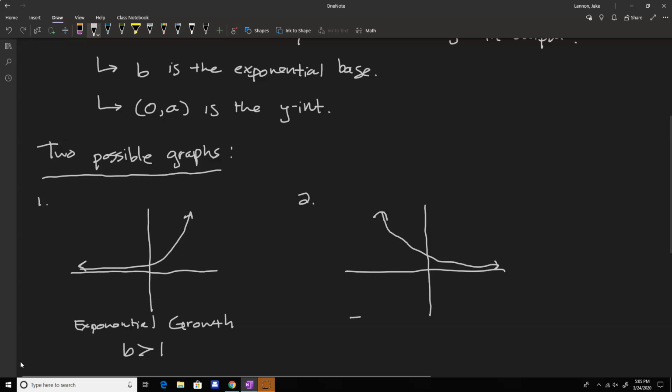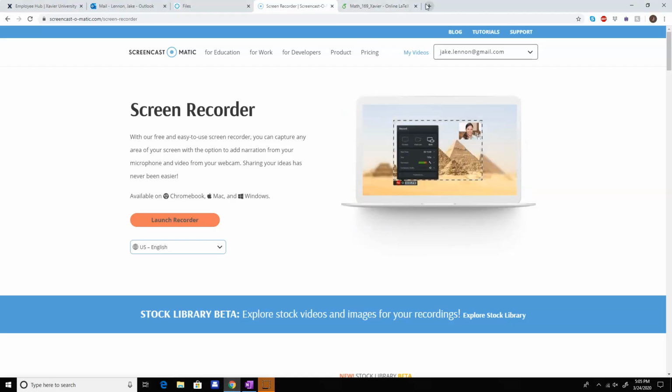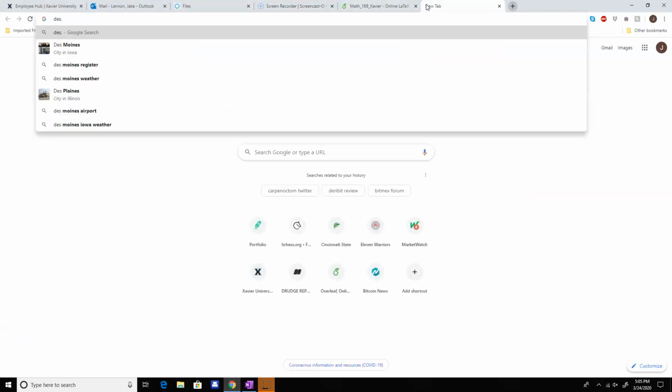So this is exponential decay, and this happens when b is some number between 0 and 1. If you were multiplying by a half, for instance, you would be getting half the output quantity at each successive time step. So again, maybe we can put those on Desmos to get a better idea.